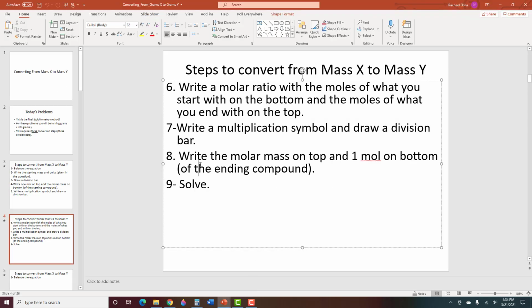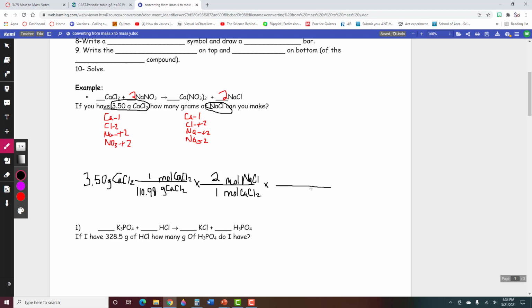Alright, next step is write the molar mass on top and 1 mole on the bottom of the ending compound. So I take my unit on top and I move it to the bottom. So this will be moles of NaCl. And then the molar mass of the ending compound is going to go on the top. So this will be grams of NaCl. And that's what I need.